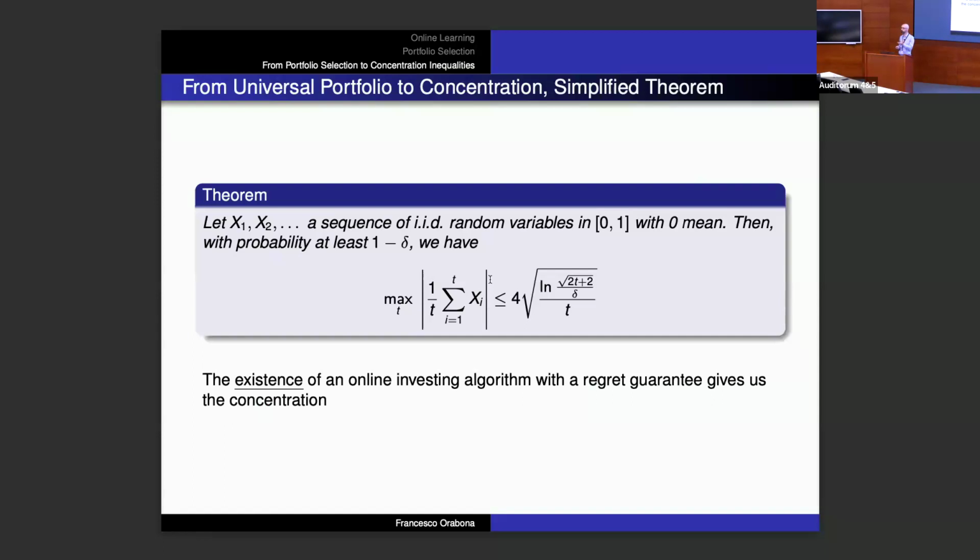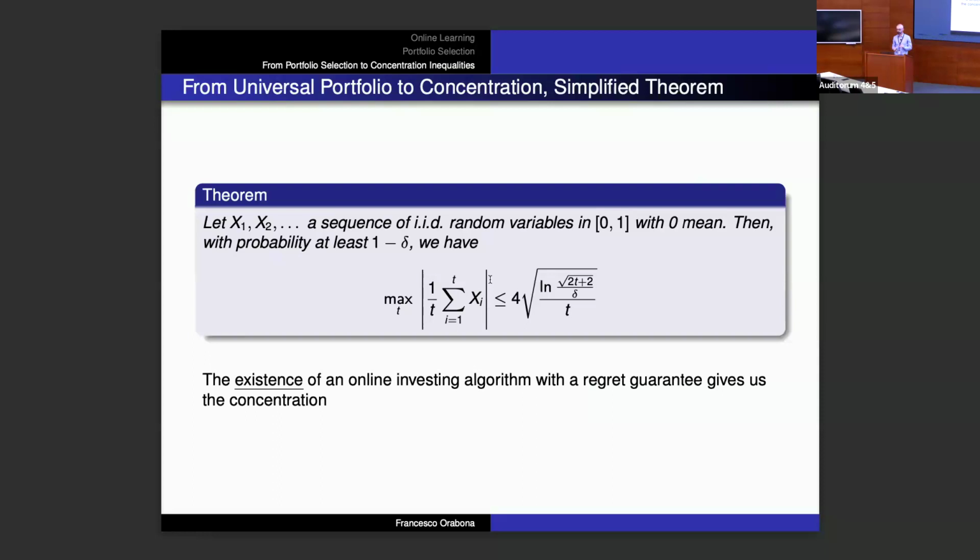And this is not true just with the universal portfolio. This is true for any algorithm that you like to do betting. If you can show that your algorithm is good in the sense that it guarantees a regret, immediately this implies a concentration. So it's a link only in one sense, but it's also possible to show it in the other sense. We will not do it. Okay, so was it clear what the basic idea was, at least?